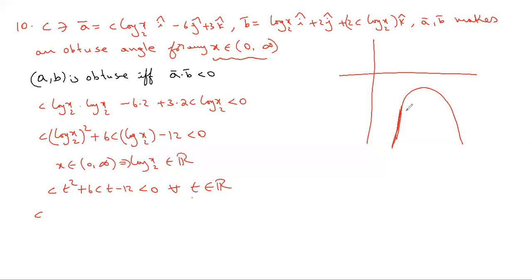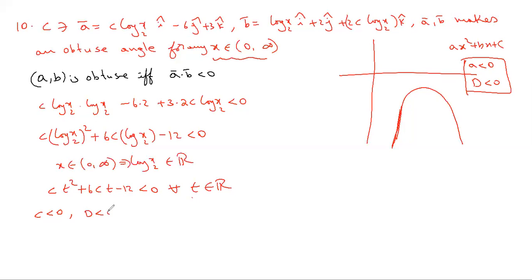Out of those, if the graph is like this, then only it can be always negative. So the t square coefficient should be negative and D should be negative. These are the two things that need to be satisfied. Here a is c itself, so c should be negative and D should be negative.